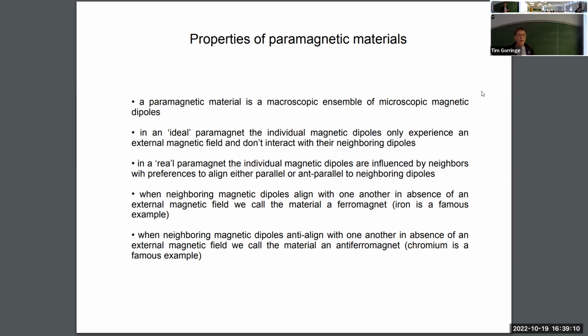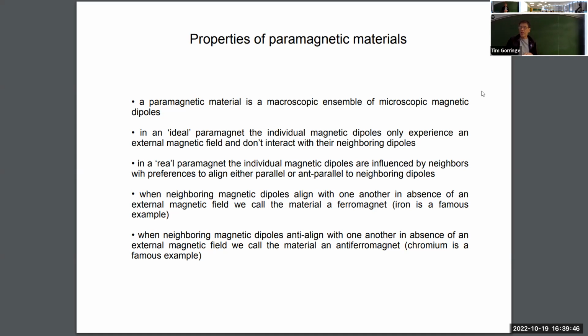So a ferromagnet is a paramagnet in which the interaction between the atomic magnetic dipoles is strong, such that they'll align with one another to spontaneously produce macroscopic magnetization. And the famous example of that is iron. In iron, the magnetic dipoles of the iron atoms interact with one another, and they can spontaneously align to create a macroscopic magnetization.